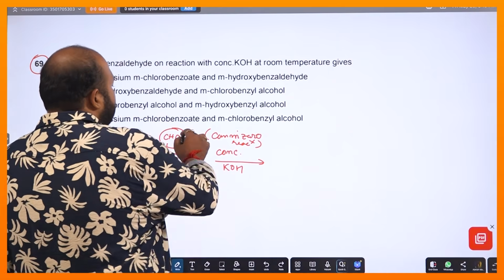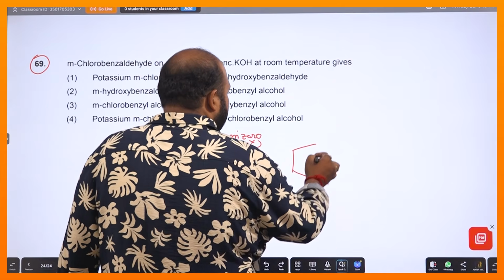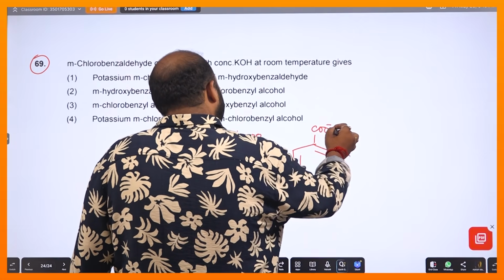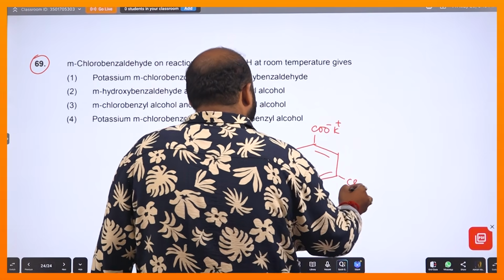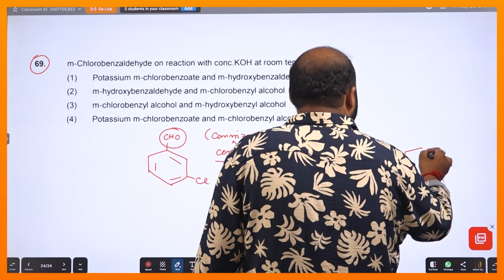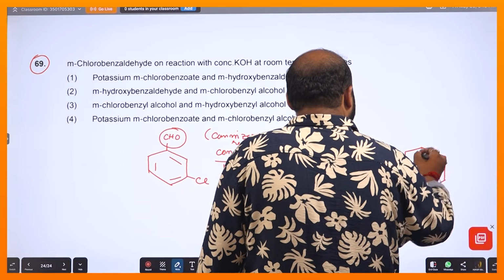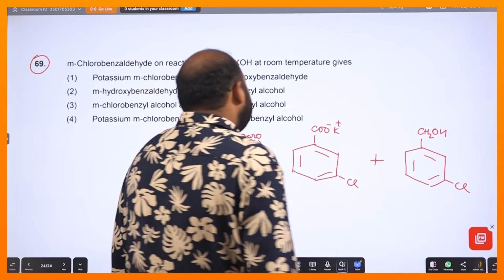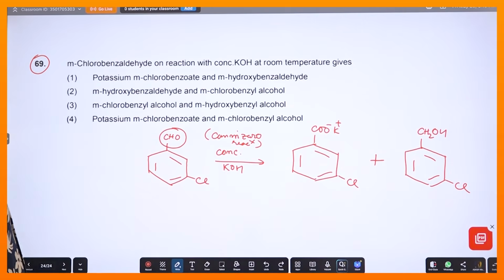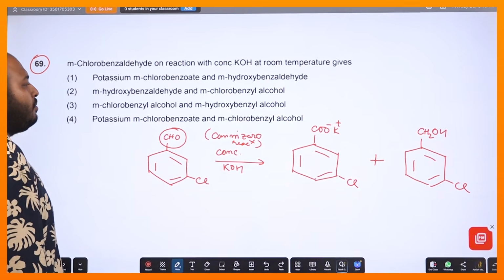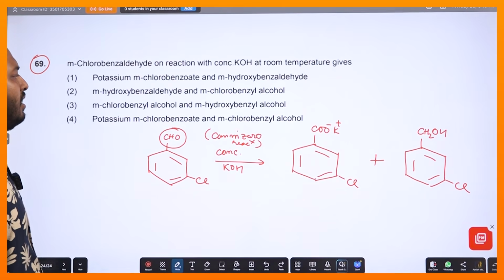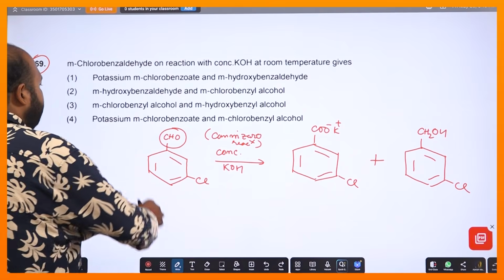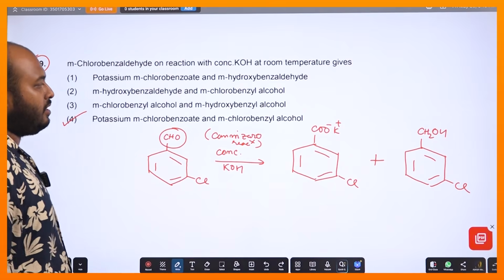So the oxidation part of this will be a salt of potassium and it will look like this, and the another part will be the reduced part, that is this. So one of the option will be potassium metachlorobenzoate and the another one will be metachlorobenzyl alcohol. So the option 4 is correct.